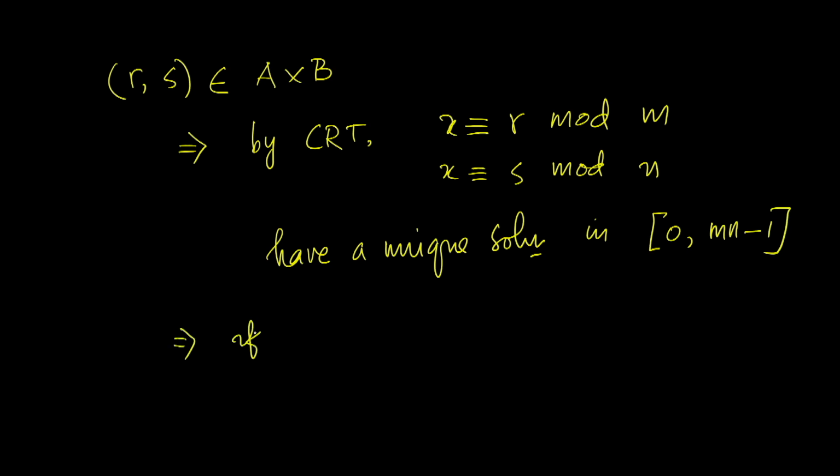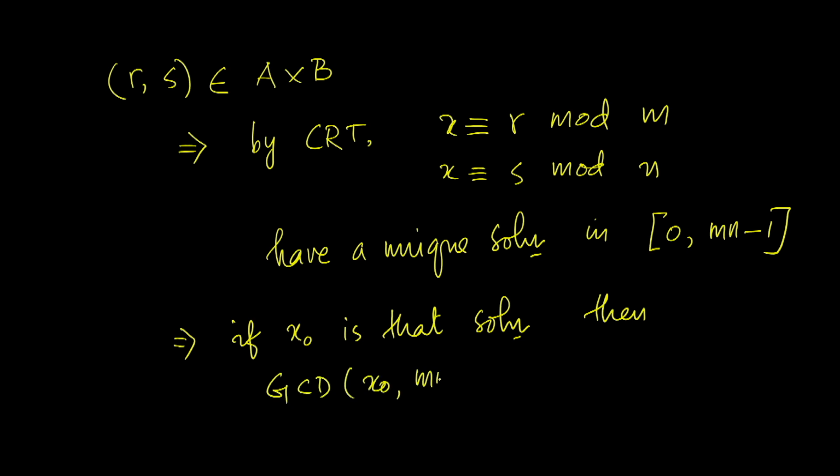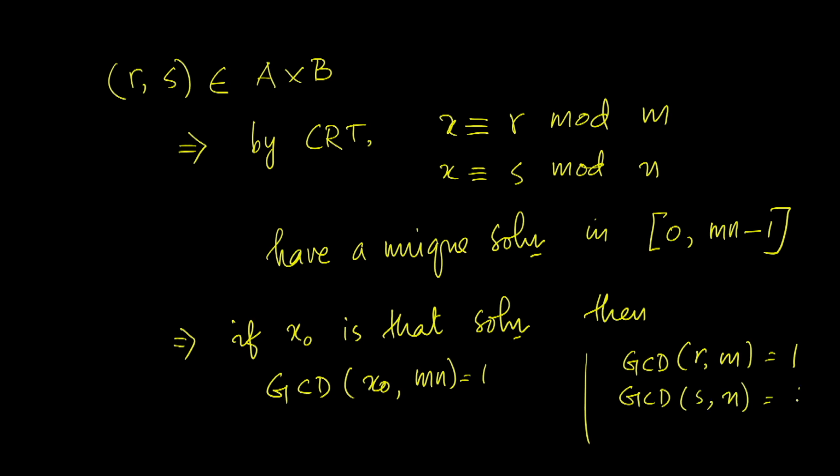So if X naught is that solution, then GCD of X naught and mn is 1, because GCD of R and m is 1, R belongs to A, and GCD of S and n is 1 because S belongs to B, which is a reduced residue system modulo n.